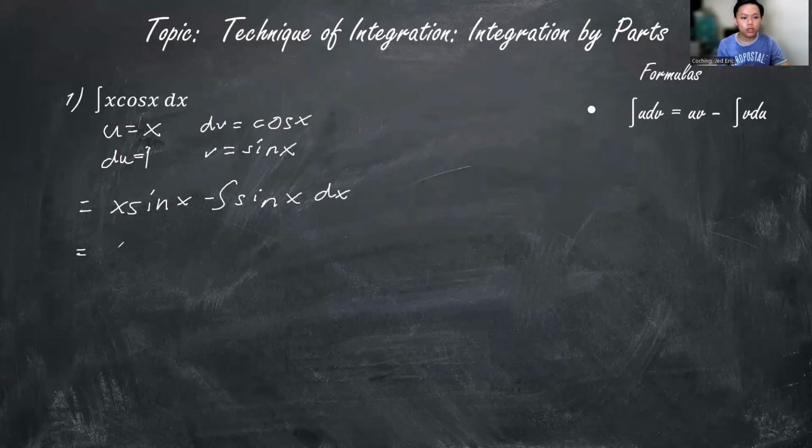Now we can solve this, as the integral of sin x is equals to negative cos x, and we have a negative here, so it will become positive. So x sin x plus cos x plus c. Let's move to the next problem.